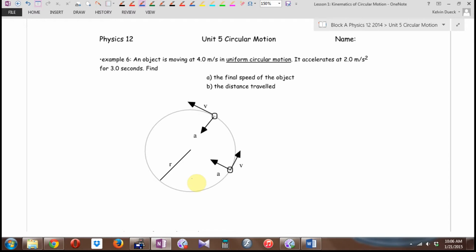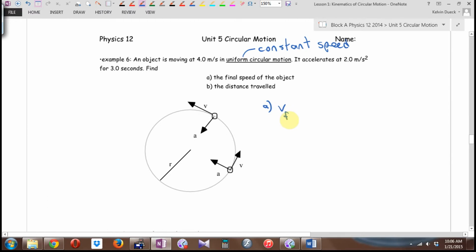What uniform circular motion means is constant speed around the circle. You are accelerating inwards, but that's circular acceleration, and that's different. So it accelerates at 2 meters per second squared for 30 seconds. Find A, the final speed of the object.